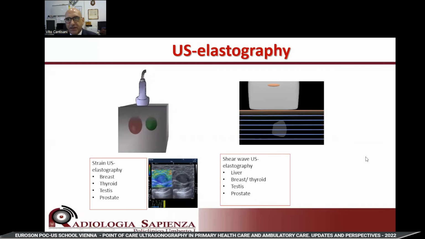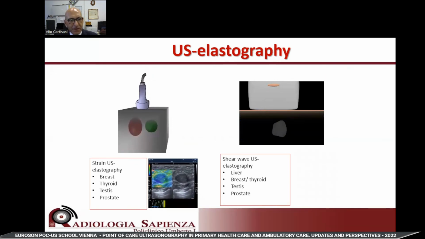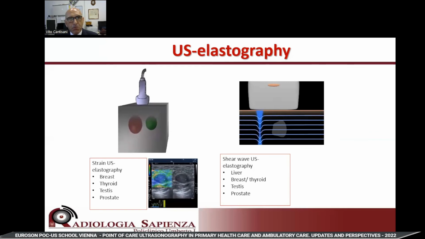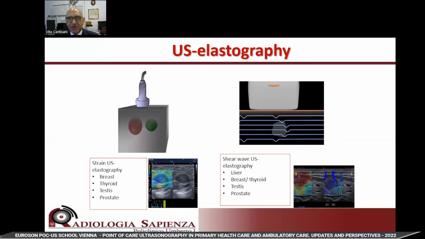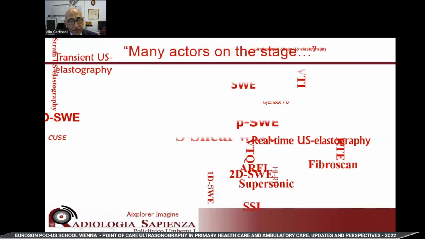On the other side, you just press a button and obtain a propagation wave that is transmitted within the tissue and will have different speed changes according to the stiffness. You use it mainly for liver, but also for breast, thyroid, testis, and prostate. And at the end, you can achieve this polychromatic map representation and quantitative evaluation.